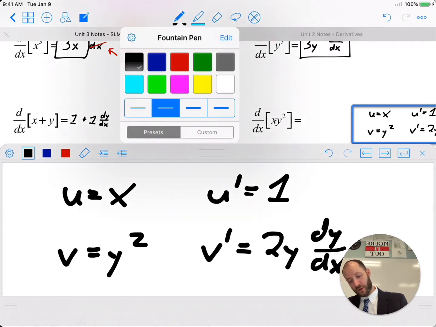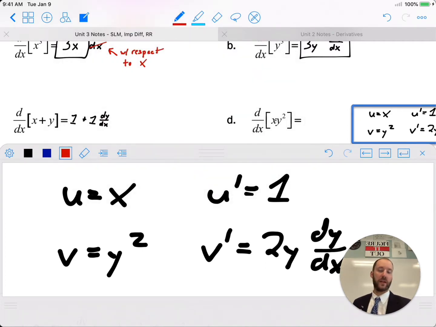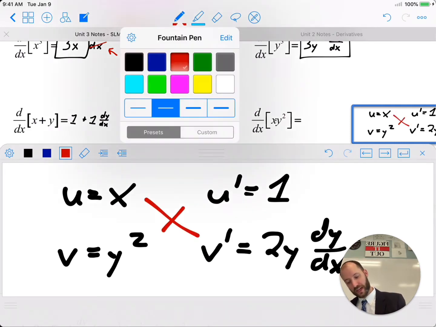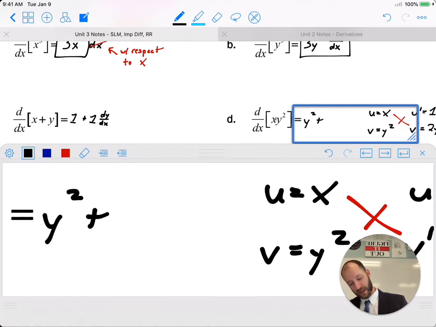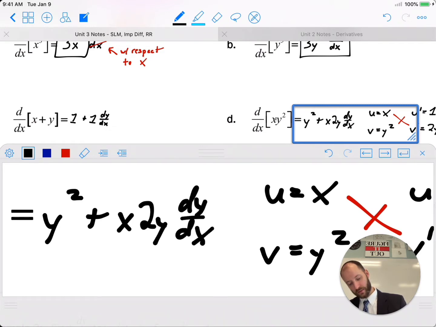Now you have your puzzle pieces. Go ahead, put your puzzle pieces together. So the two cross diagonals. So we'll do y squared times 1, y squared, plus x times 2y dy/dx.